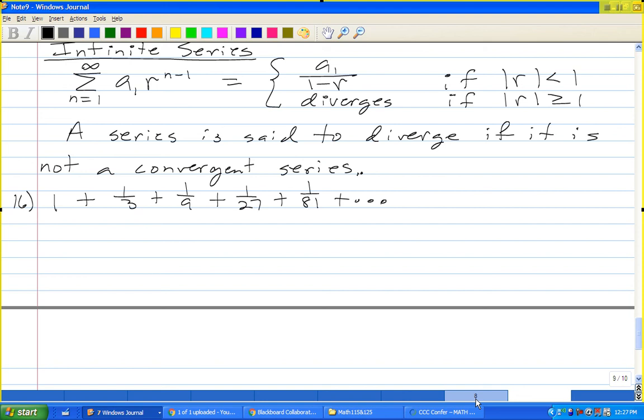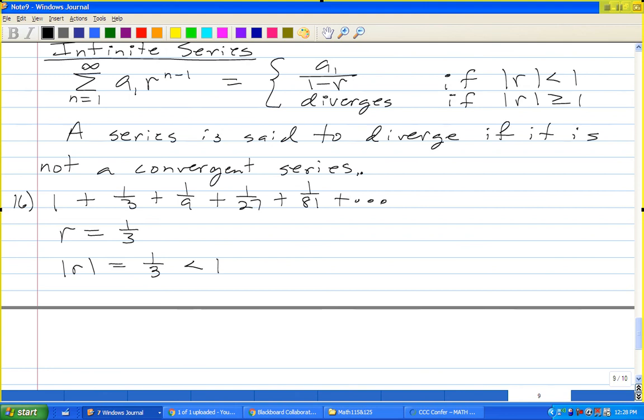The first thing to do is to figure out if the common ratio r is greater than 1 or less than 1. If it's greater than 1 in absolute value, then I can't do this. And so the common ratio here is equal to, well, 1 times a third is 1/3. Now notice that the common ratio is less than 1.